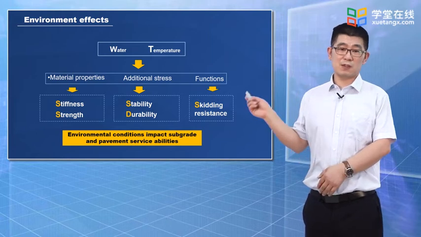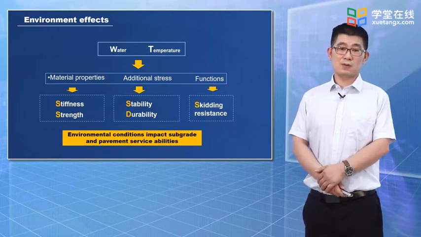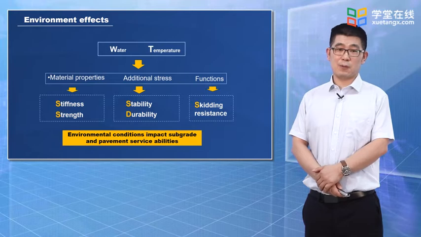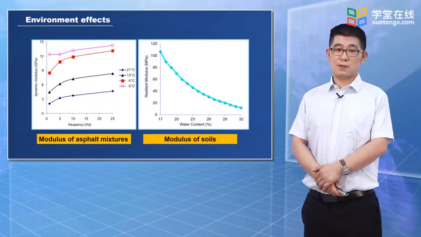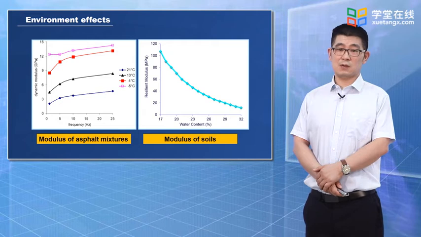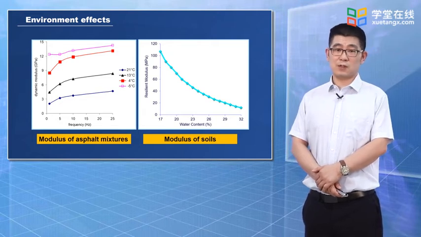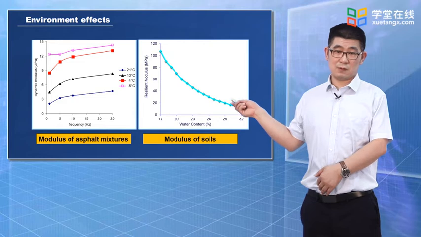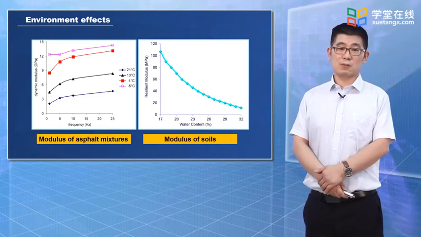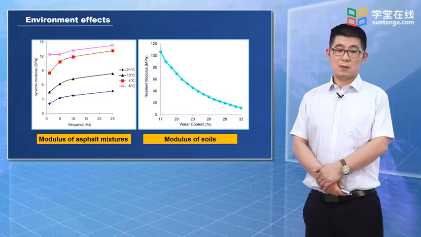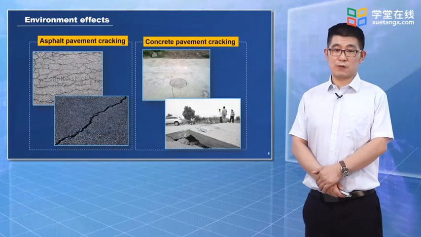For example, skidding resistance. Following are a few examples, as shown in these 2 figures. High temperature results in decreasing of the asphalt mixture's dynamic modulus, while increasing water contents may result in decrease of the soil resilience modulus, as shown in these 2 figures.